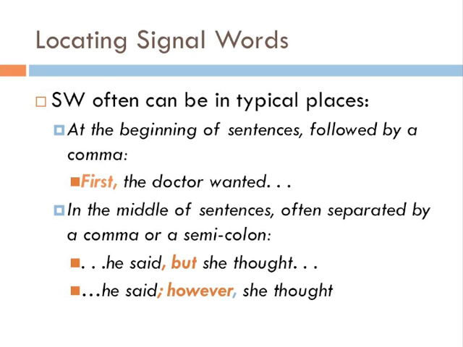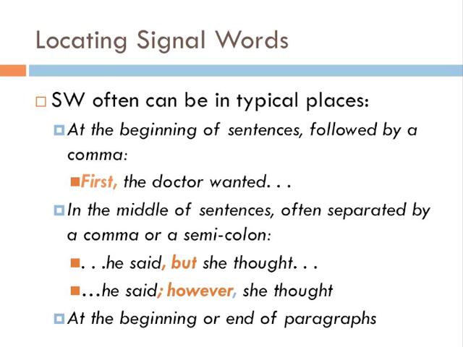"He said; however, she thought." Now, of course, these two sentences are a little bit different, but again, they kind of indicate that we can find them in the middle. And of course, we can also find those signal words at the beginning or near the end of paragraphs. So really, we can find signal words in many places, but they often are found in these three areas the most consistently.